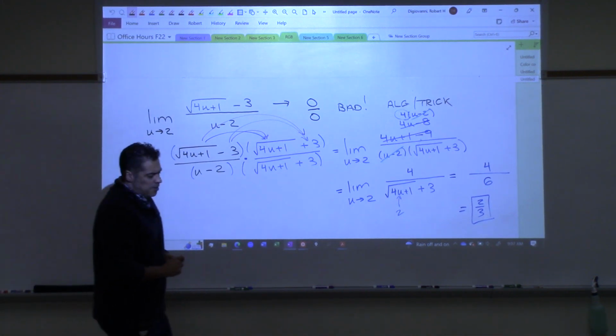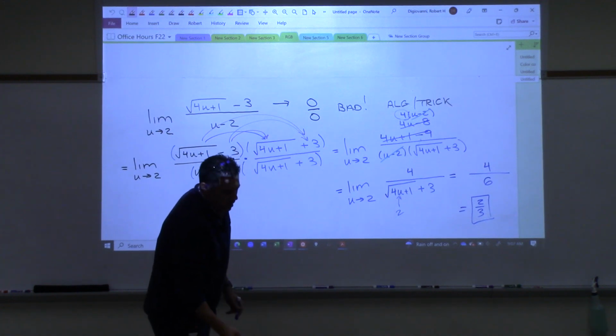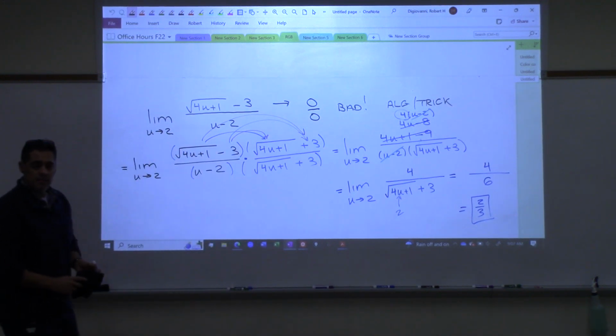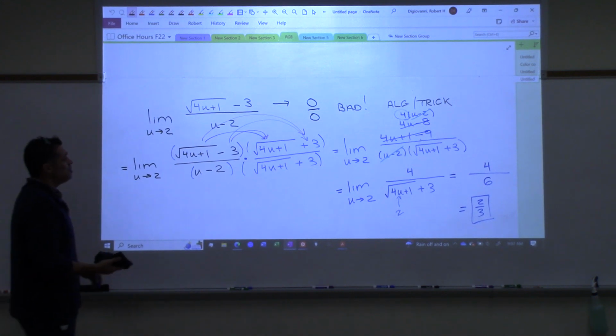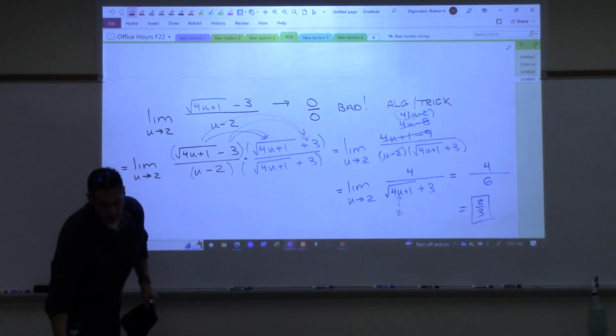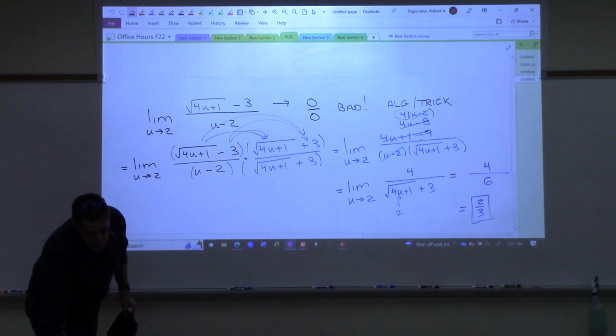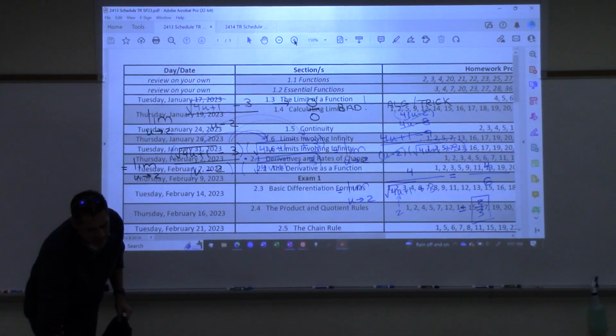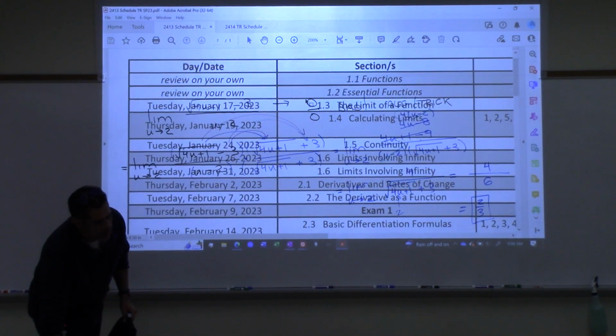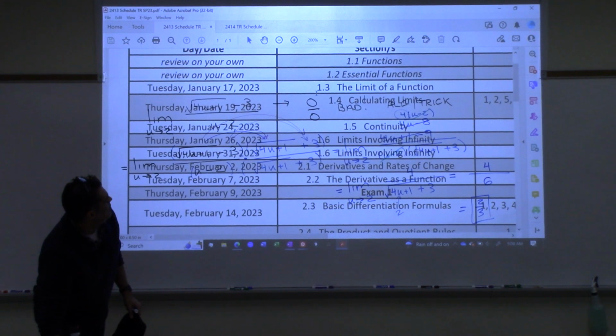All right, I wanted to start class with another limit to work on, and then we're going to move on to the next idea in this section. According to our calendar, we are supposed to start today on 1.5.